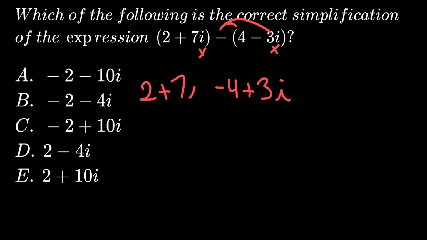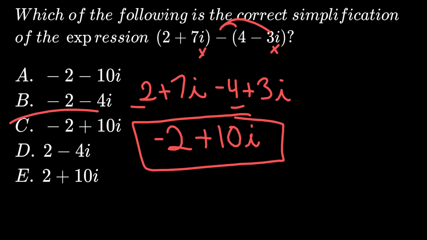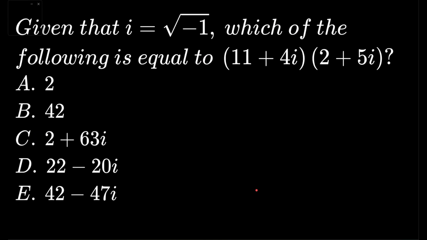So 2 plus 7i minus 4 plus 3i. We can combine our 2 and our negative 4 being negative 2, and then our 7i and our 3i to be plus 10i, making our answer C.